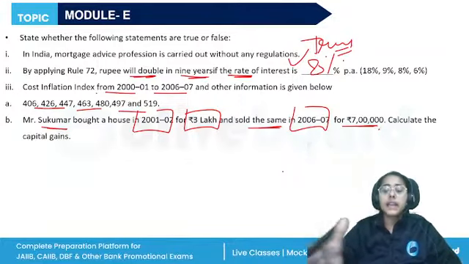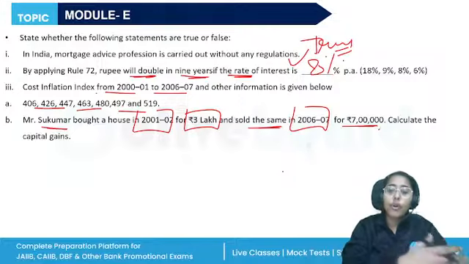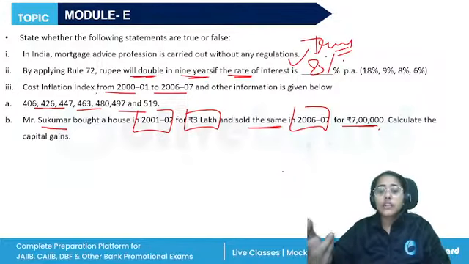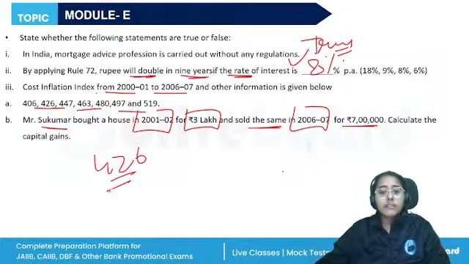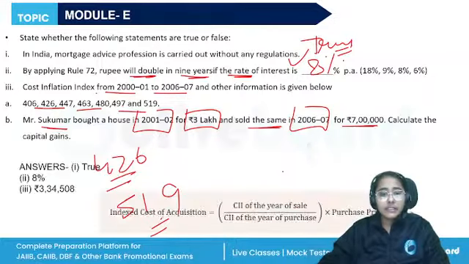We will first determine the cost of inflation index for the years in which it was bought and sold. So, for the year 2001-2, it was 426. And for the year 2006-7, it was 519, right? Then simply we will use the formula, the indexed cost of acquisition. I have given the formula right here.